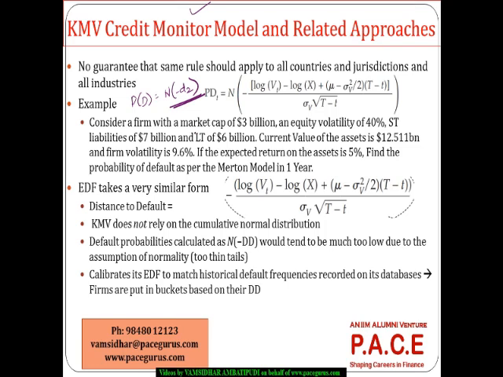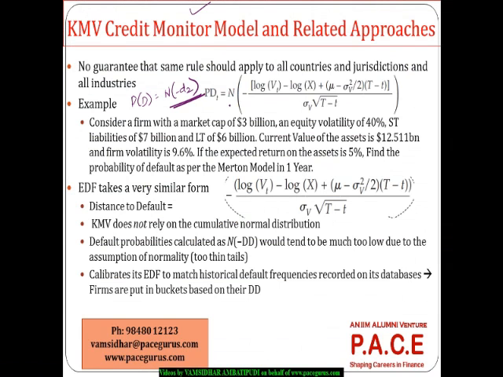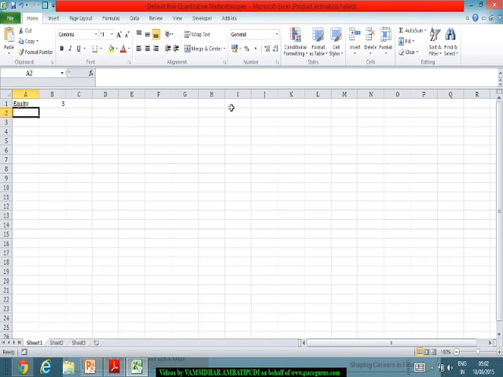Consider a firm with a market cap of 3 billion. Okay, the equity is coming out as 3 billion and equity volatility of 40%, or I call it as sigma of the equity.